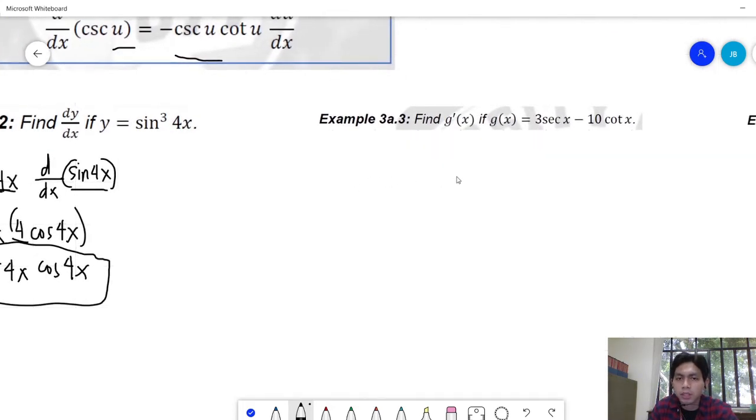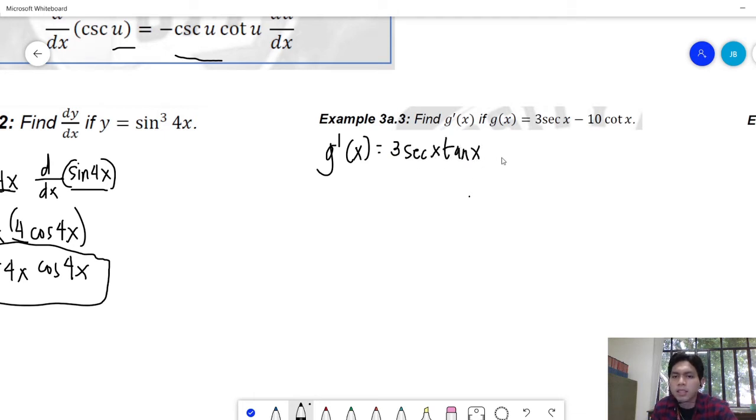Okay, how about this one? Find g prime of x if g of x is equal to 3 sec x minus 10 cot x. So g prime of x equals, the derivative of 3 secant x, which is 3 secant x tan x.